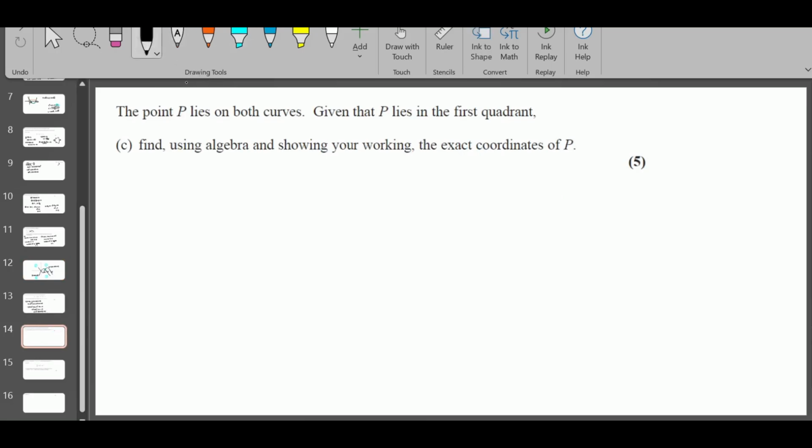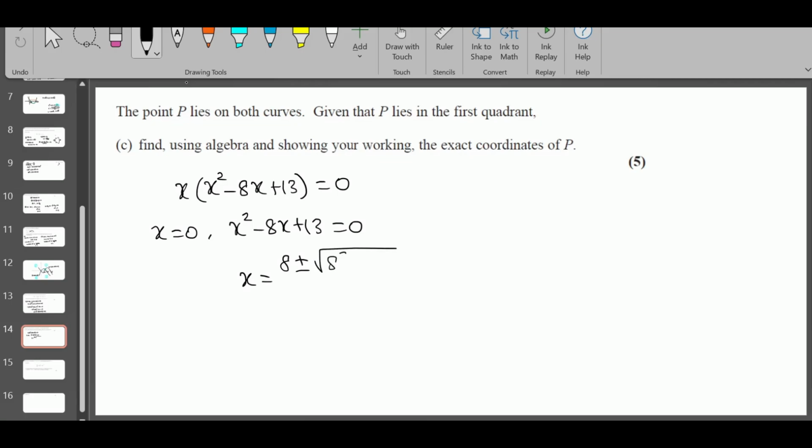We have this equation, x times (x square minus 8x plus 13) is 0. Solve it. You will get x is 0. X square minus 8x plus 13 is 0. So x is equal to minus b plus or minus square root of b square minus 4ac over 2a.